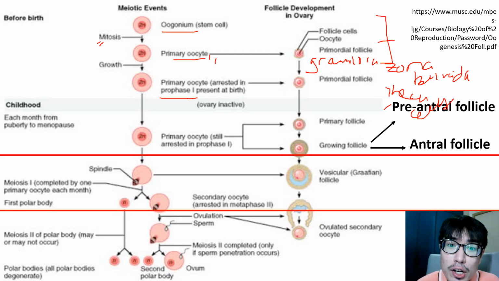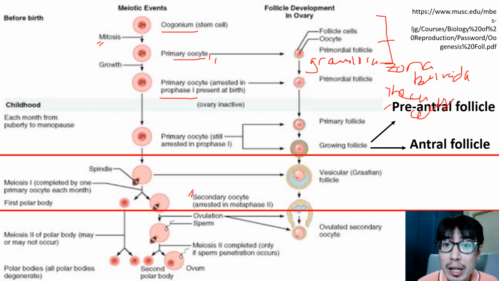The onset of puberty also marks the onset of renewed activity in the ovaries. The primary oocytes destined for ovulation will complete the first meiotic division, and by the end of meiosis 1, only one of the two daughter cells, called the secondary oocyte, retains almost all of the cytoplasm.